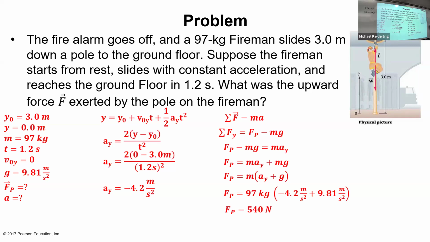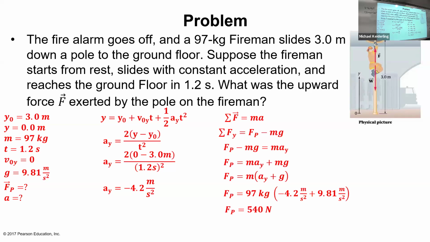So the thing about apparent weight: apparent weight minus actual weight equals mass times acceleration. So apparent weight equals mass times acceleration plus actual weight, which is mass times acceleration plus mg.